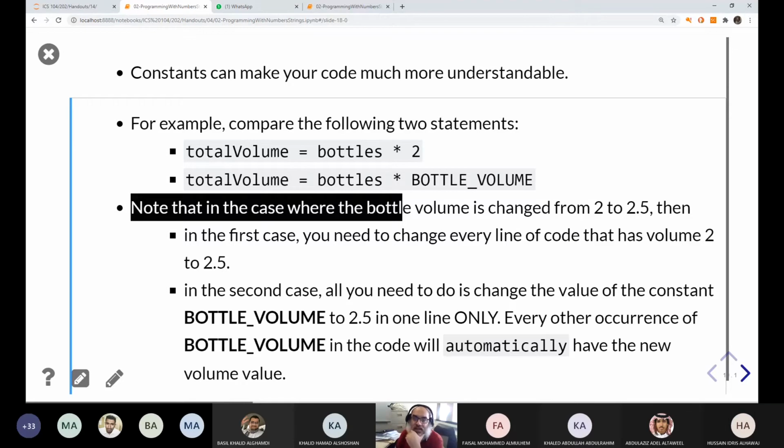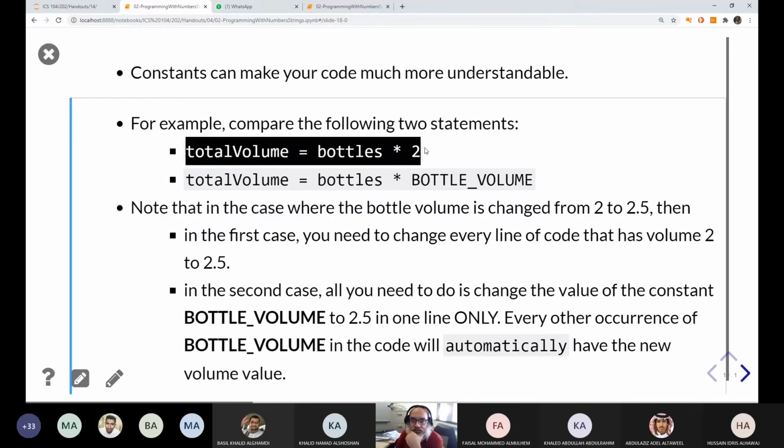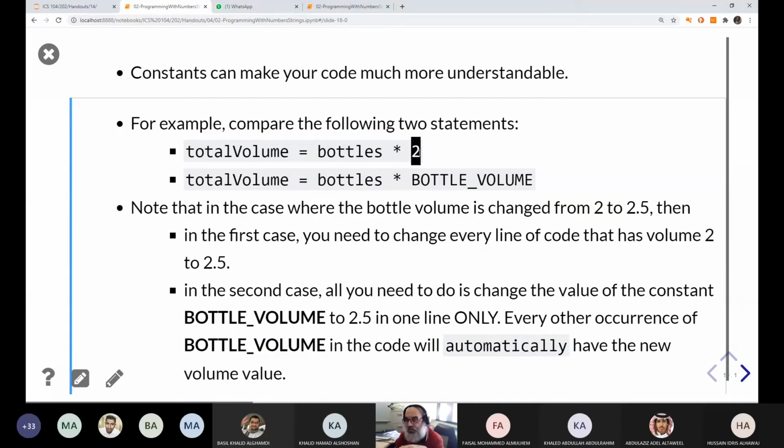Now, if I use the first statement, what do I have to do in my program? I need to go over all the lines that use this 2 as the bottle volume and by hand change it to 2.5, right?